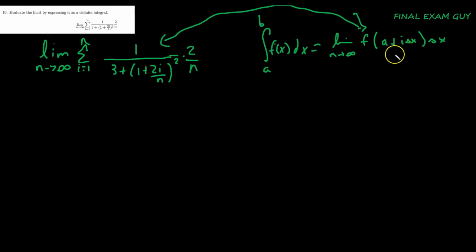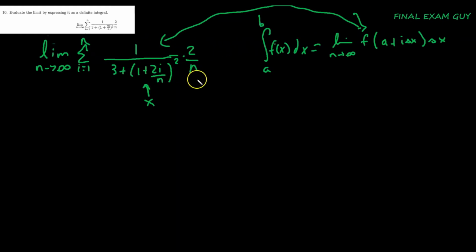So f of a plus i delta x means that wherever there was an x in this formula, we replace it by a plus i delta x. So there was most definitely an x in here, but we plugged in a plus i delta x.